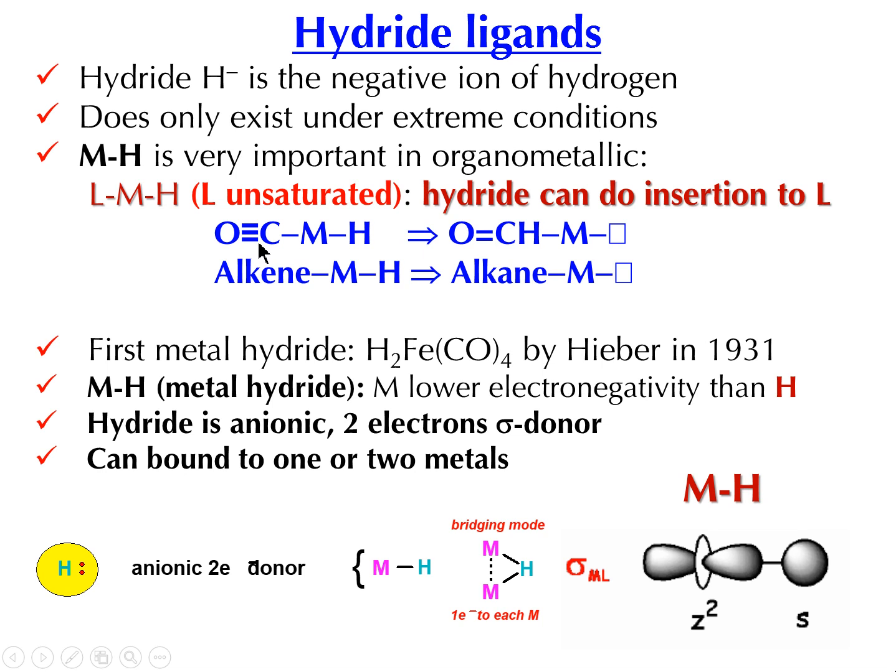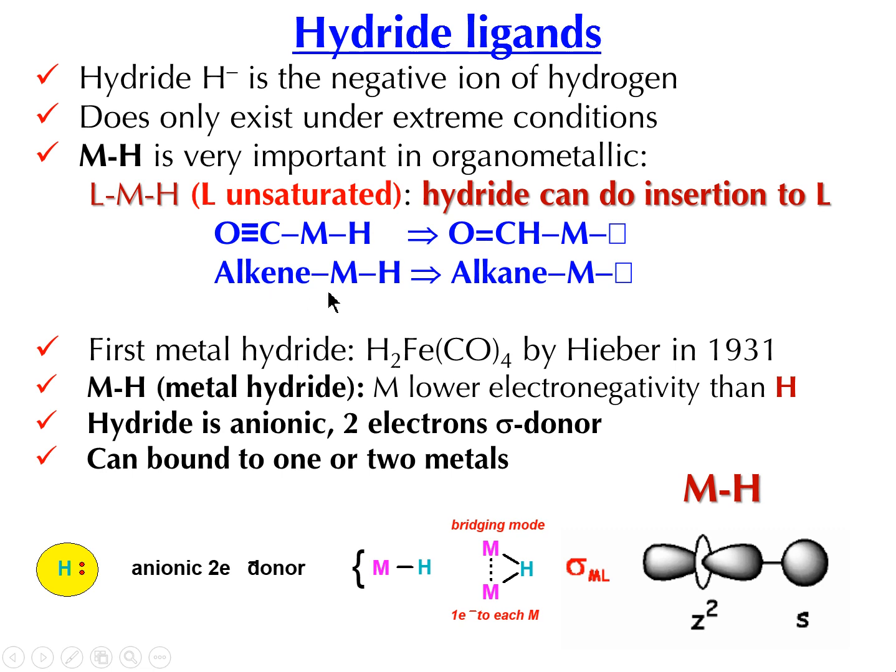For example, in the carbonyl metal hydride, the hydrogen can migrate and insert in the carbonyl to form CHO, which is an aldehyde group, and release a vacant site.